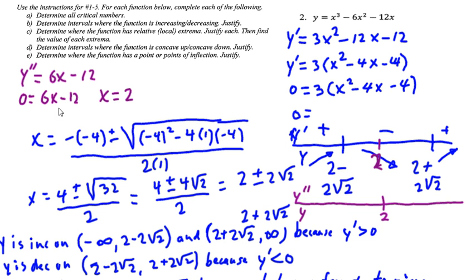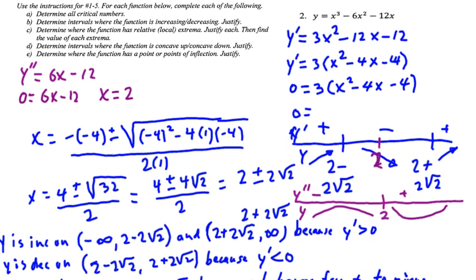And as we go to the left, we use this function here. We take a number less than 2, say 0. Well, 0 minus 12, that's negative, so we're going to have concave down from negative infinity to 2. And we use a number greater than 2, let's say 4. 6 times 4, 24 minus 12, we have concave up.